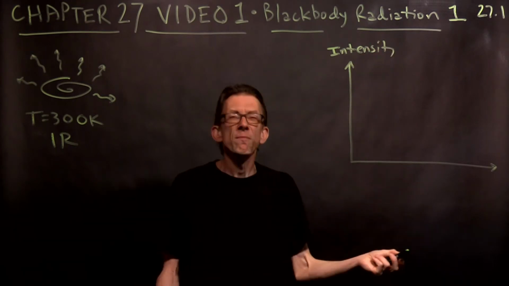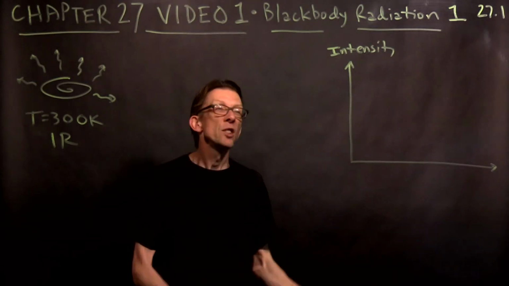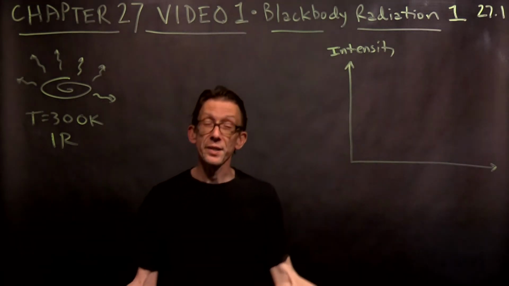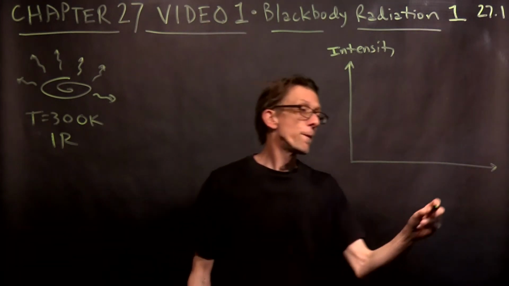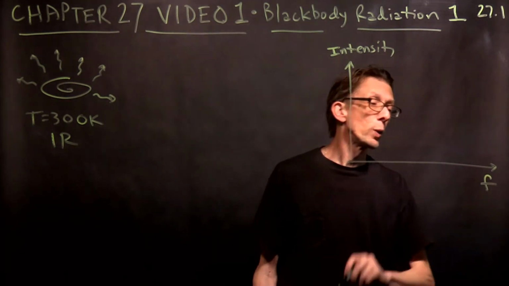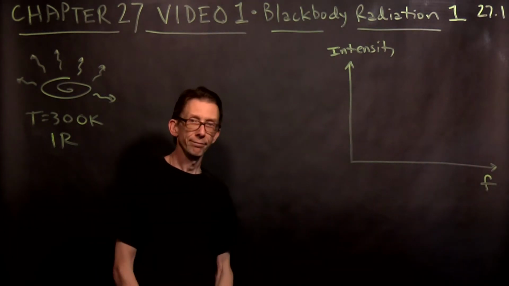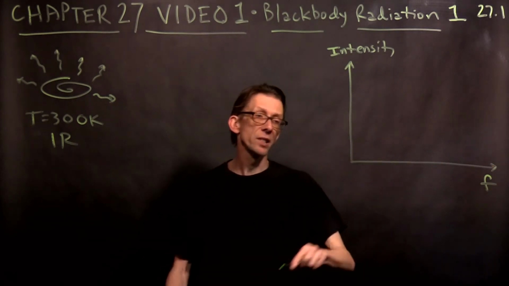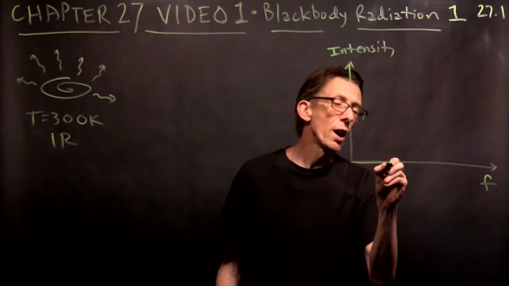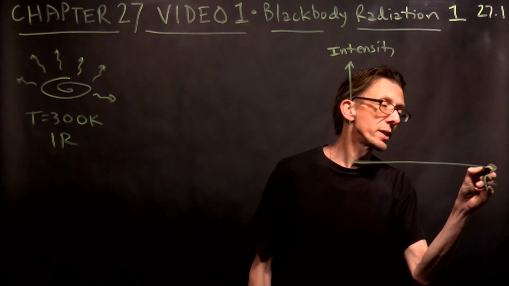And for our money, when you hear intensity, just think brightness. Intensity versus frequency. As you go from left to right along the x-axis here, the frequency of the light increases.